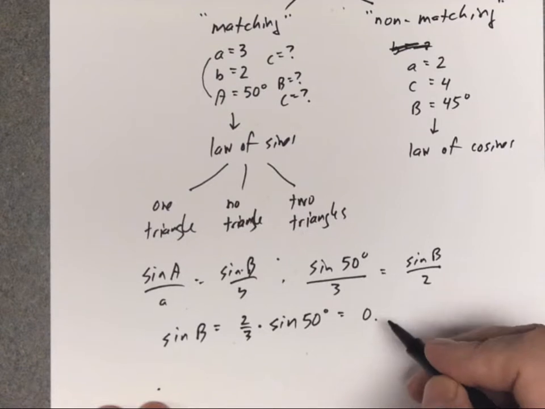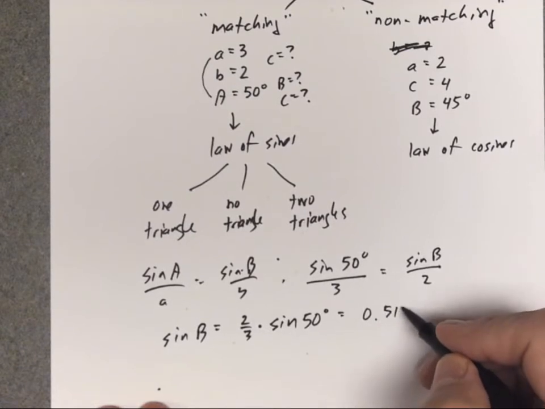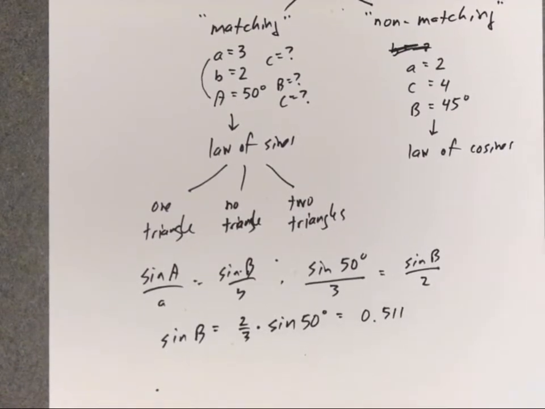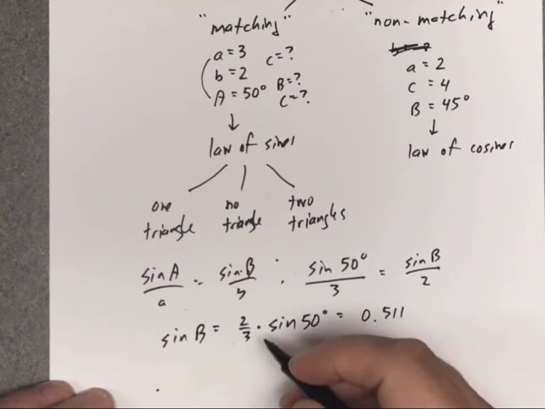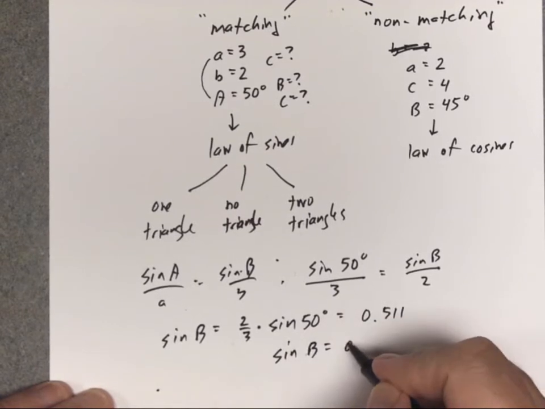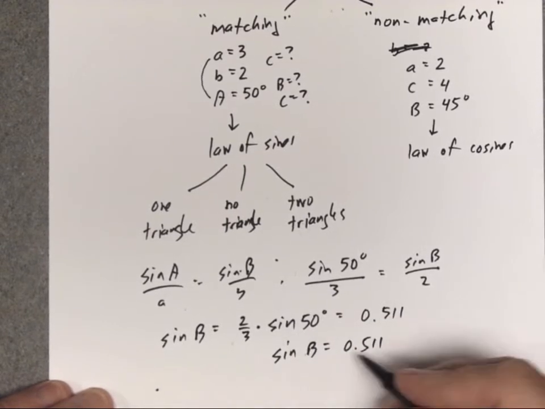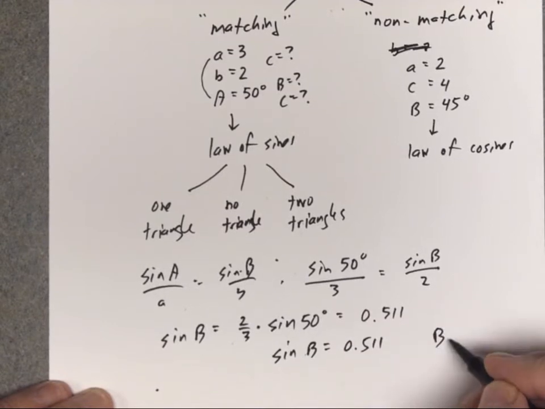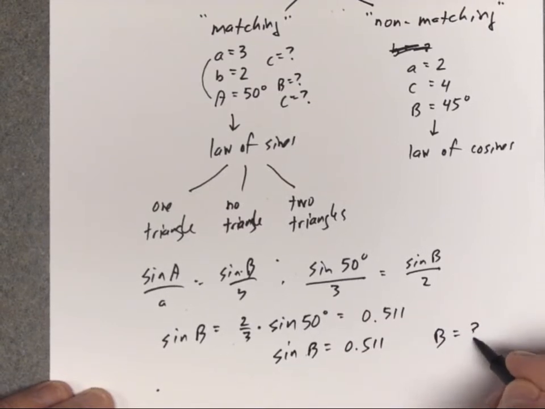I'll round off. So basically sine B equals 0.511.